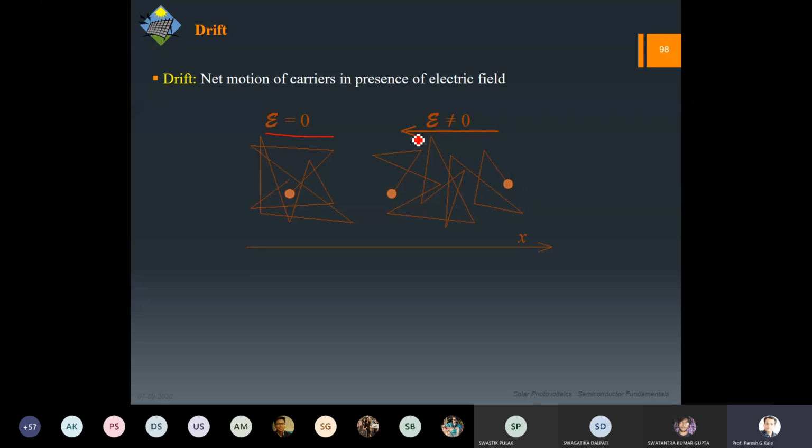But as soon as you apply an electric field, which has some direction given by the arrow, the net movement is from place A to place B. Diffusion is a natural phenomenon, and after a while it will come to a halt. But the electric field is an induced or artificial phenomenon.